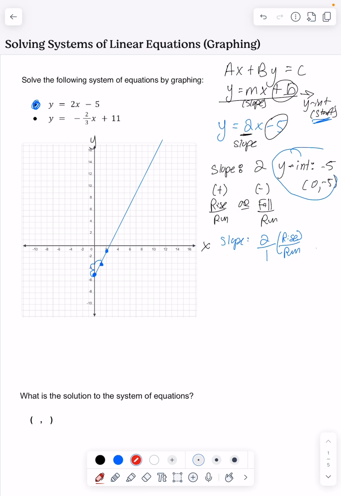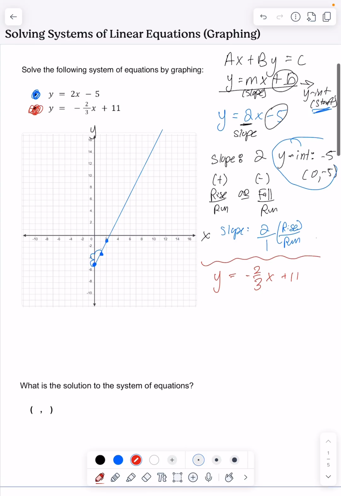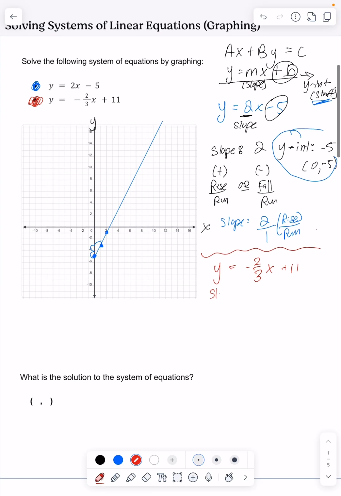The second equation is going to be my red equation, which is y is equal to negative 2/3 x plus 11. In this case, we can see that the slope is negative 2/3, so negative 2 over 3.